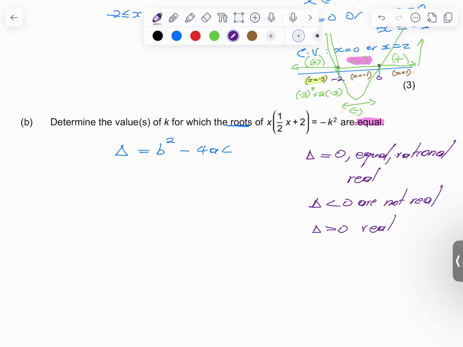So whenever delta is greater than 0, the roots will be real. So this is condition 1, this will be condition 2, this will be condition 3. But condition 3 will have 3.1: if delta is greater than 0 and it is a perfect square, PS stands for perfect square, then the roots will be unequal.